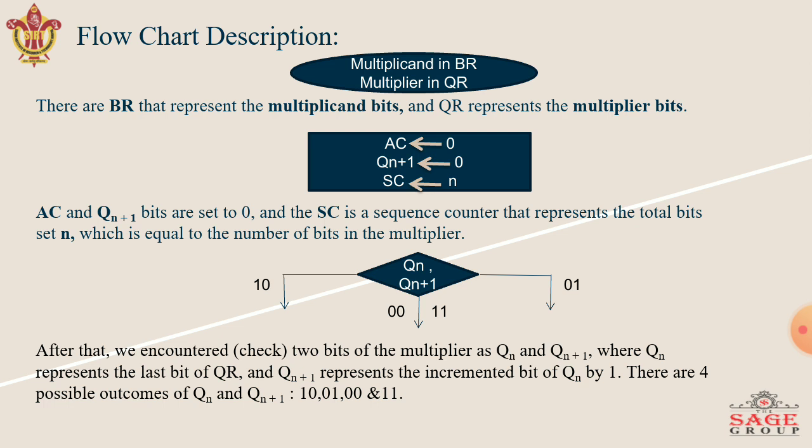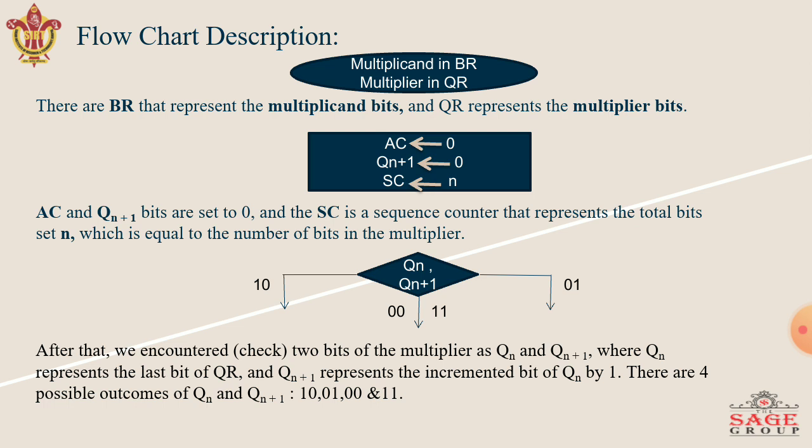Now let's understand the flowchart. Firstly, BR represents the multiplicand bits and QR represents the multiplier bits. After that, AC and Qn plus 1 bits are set to 0, and SC is a sequence counter that represents the total bits, set to n, which is equal to the number of bits in the multiplier.